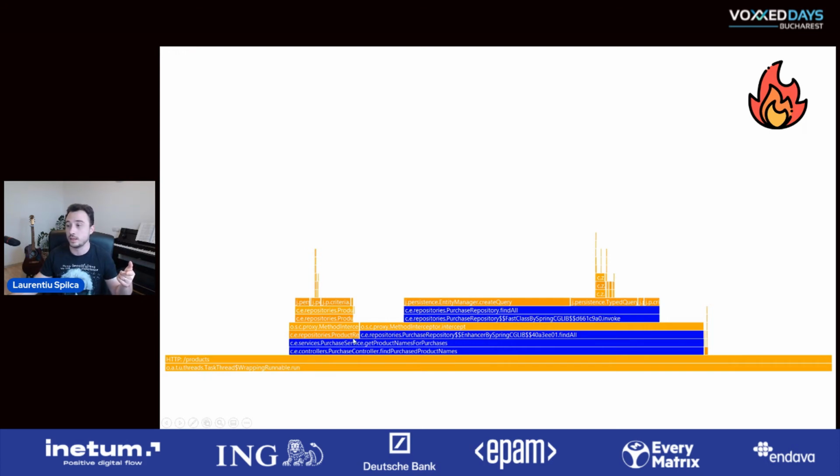So you see the next layer splits into two. And what is important here is not only that it split into two, but also that this one took a shorter time to execute than the right one, which is the find all of a repository, which basically goes further into probably the database and gets some data from there.